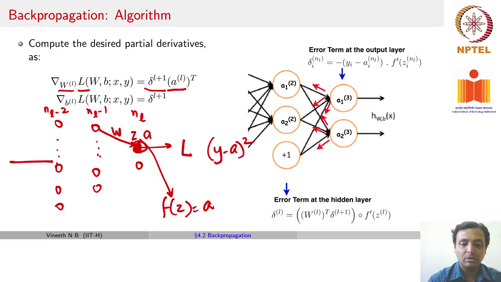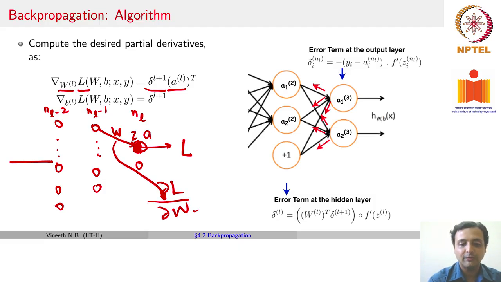So to compute the gradient with respect to w, let's erase unnecessary information here. To compute dou L with respect to dou W, for the moment let's consider this weight, that's what we're computing with respect to. We apply the chain rule.